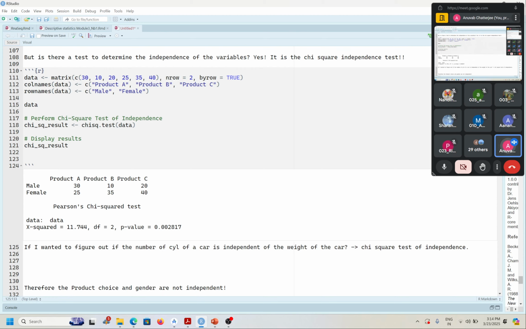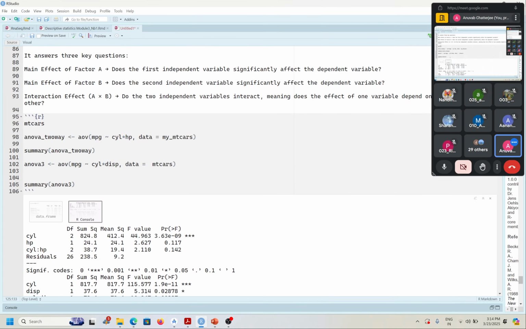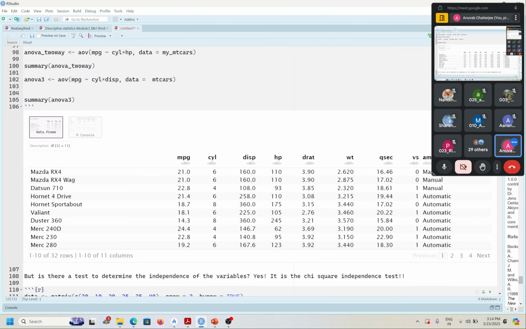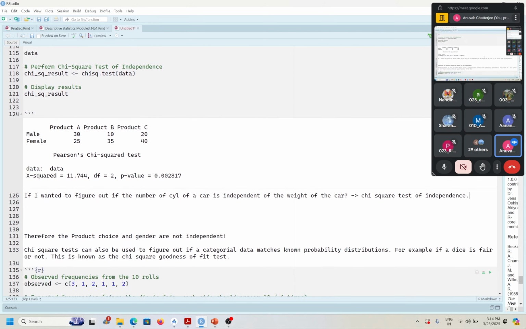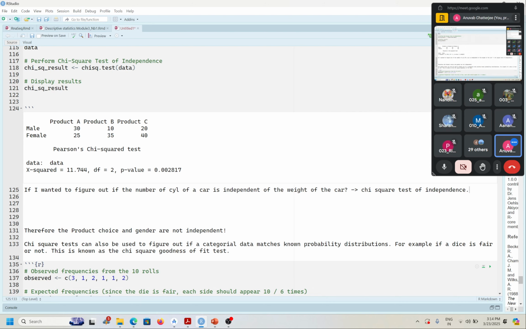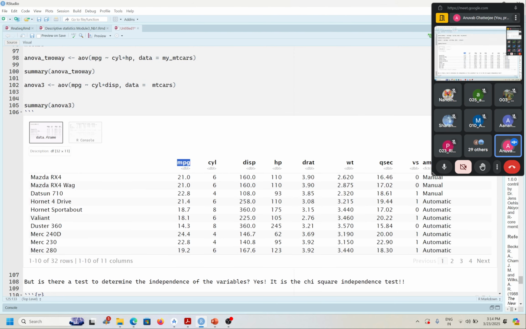So again, in the mtcars data set, the variables we are dealing with here are the number of cylinders and the weight. We can even figure it out between the mileage, and actually mileage and weight would make more sense. Oh no, mileage and weight won't, because it is a chi-square test, so you want a categorical variable.